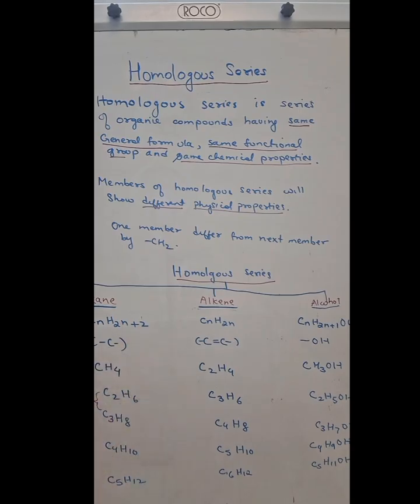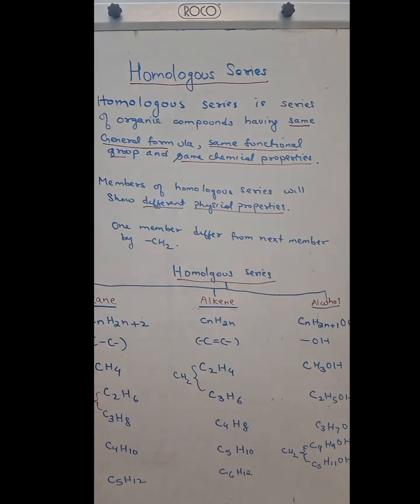Anywhere you check, the difference will be CH2 only. Similarly, we can check here also: the difference in carbon and hydrogen is the same, one carbon and two hydrogen. So one member differs from the next member by CH2.